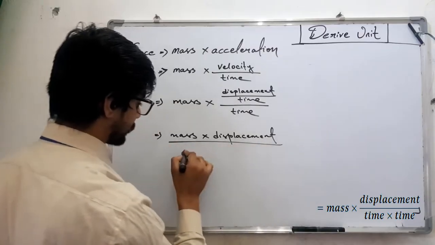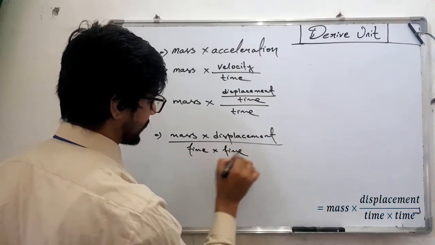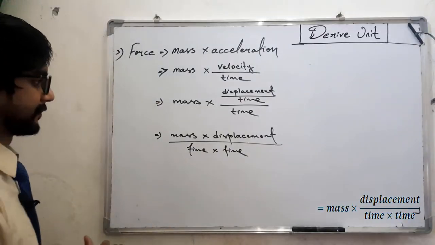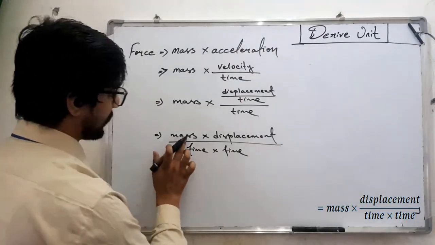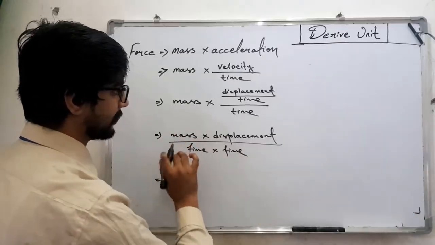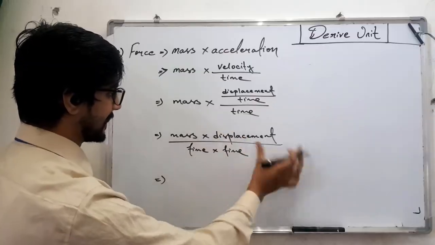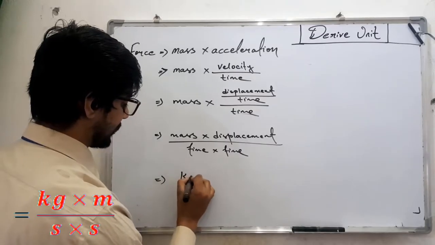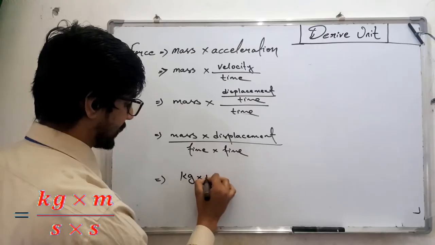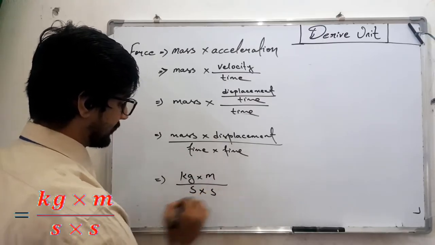Now here you got mass into displacement by time into time, all in fundamental terms, no need to change further. Now you can change their units. Kg, the unit of displacement is meter, time is second, and this time is second.